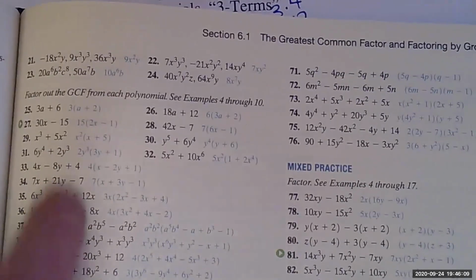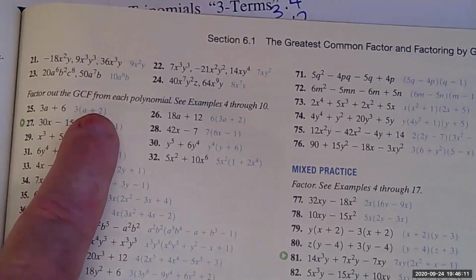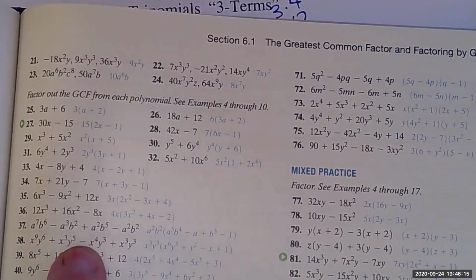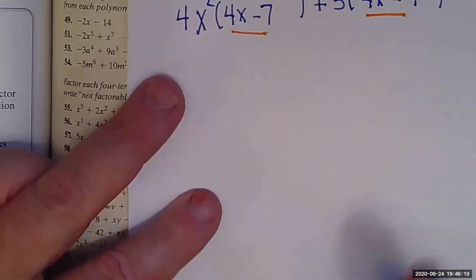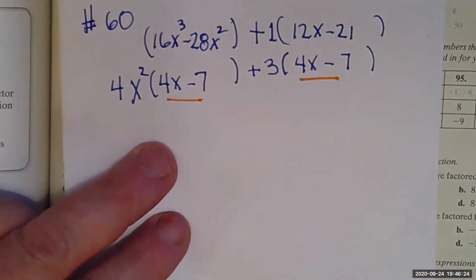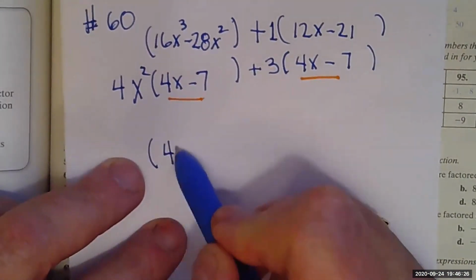So over here it'll say factor out the GCF, and then that's it. Okay. So I get what this means now. But that's not it though, right? Yeah, this isn't finished. So what my instructions are is you're going to write down the parentheses once. So here's you writing it down once.